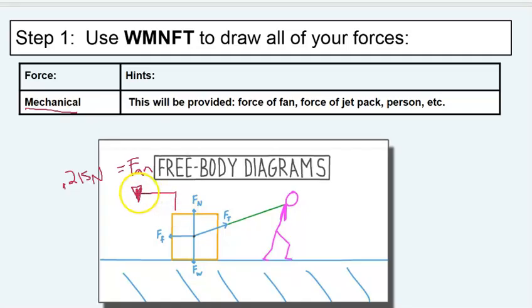Super quick. People always get confused about, is this the way the fan is blowing or is that the force of the fan? Since this is a force diagram, I will be drawing the force of the fan, which means the air molecules are going in this direction by Newton's third law, which we haven't learned yet, pushing the object in the other direction.